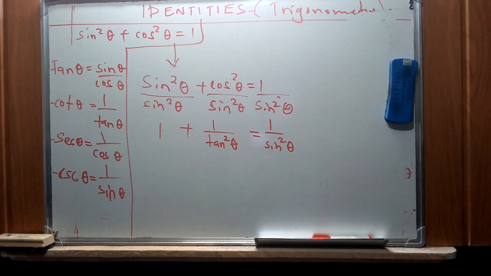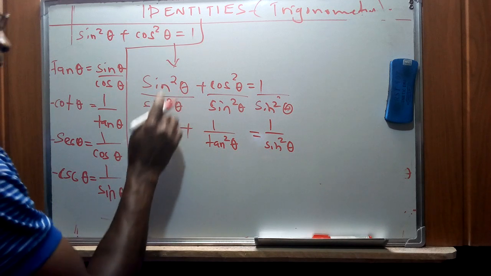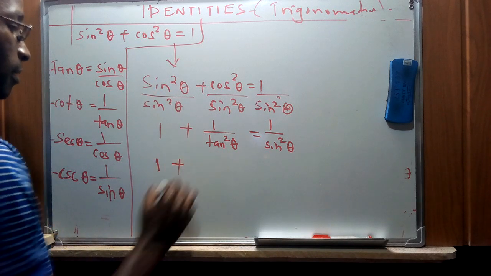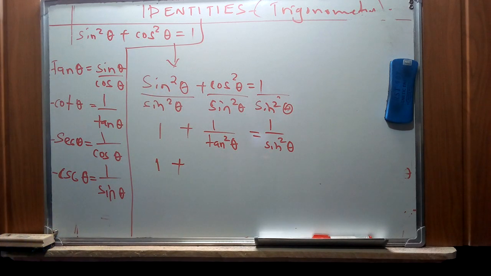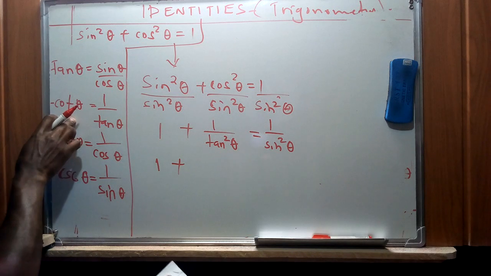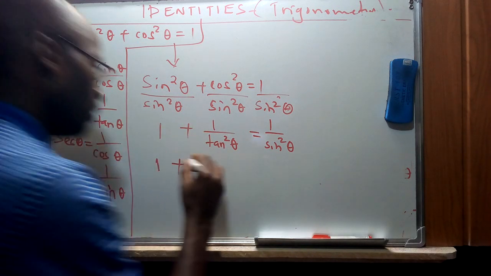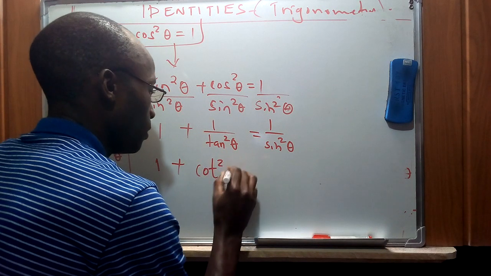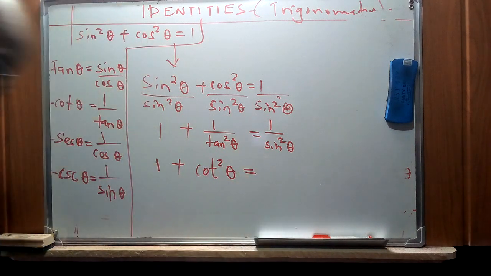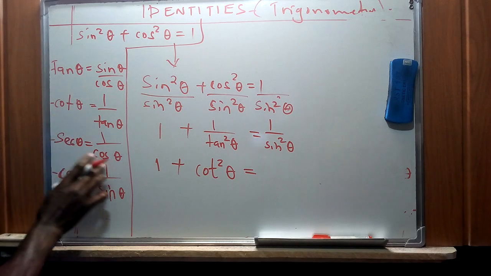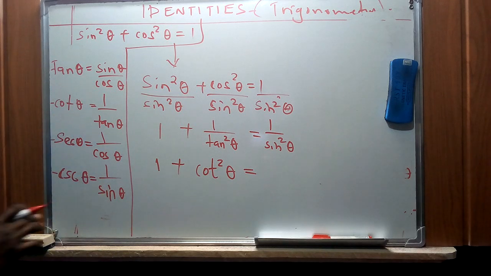So if we look at this particular case, the first part of it is given as 1 plus, so the inverse of tan is cot. So therefore we're going to have a square of cot there. So this is the cot squared theta equals, and then the inverse of sine is going to be cosec.